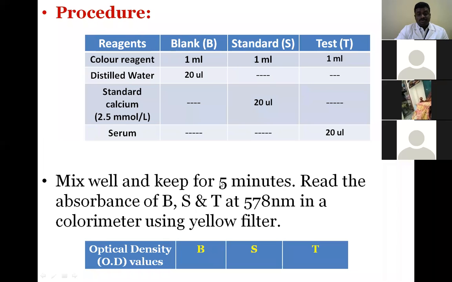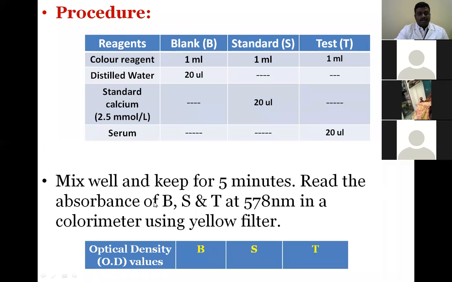In those 5 minutes, the calcium reaction takes place. The color reagent binds with the calcium ions.